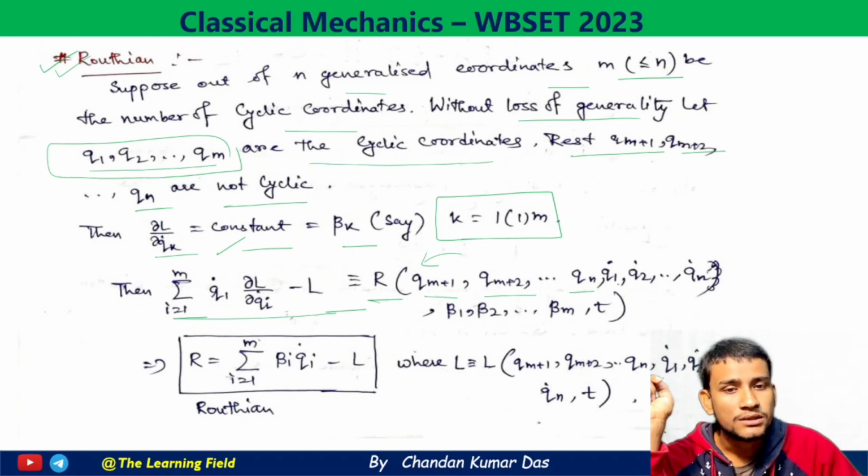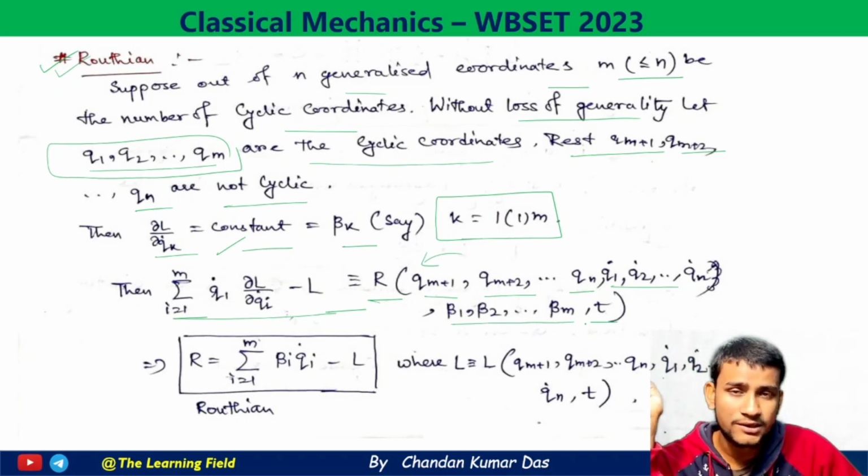But all the derivative terms, or q_k dot terms, are present. That is, these velocity terms are present in the function, and it is also a function of beta 1, beta 2, ..., beta m, and obviously a function of time also.